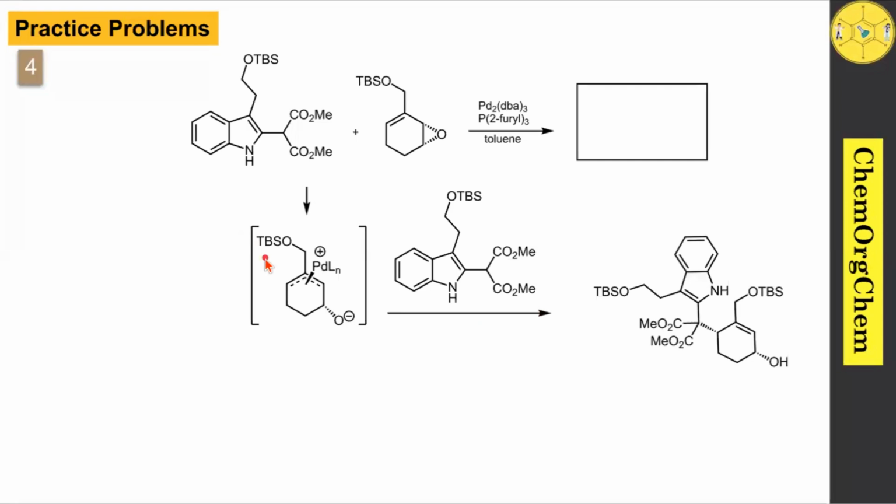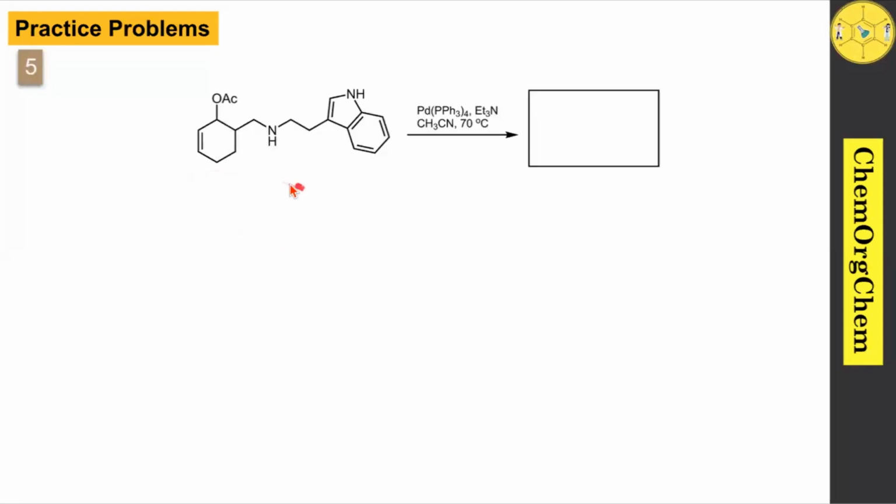Let's move to our fifth practice problem. Now you can see that this substrate reacts with palladium tetrakis and triethylamine in acetonitrile at 70 degrees Celsius. Just like our previous reactions, once this allylic part interacts with our palladium 0 catalyst, it readily generates the corresponding palladium pi-allyl cationic complex.